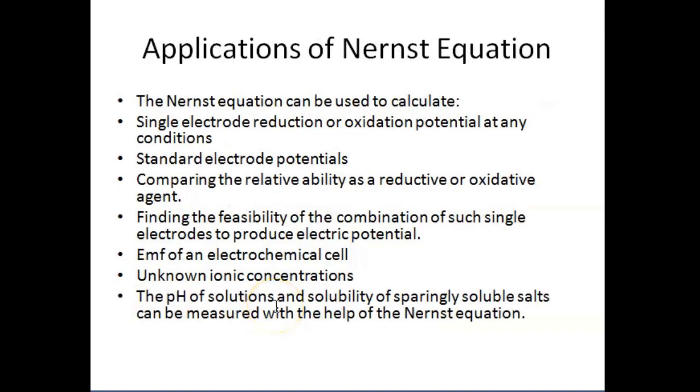So, where do we use Nernst's equation? It can be used to calculate single electrode reduction or oxidation potential under any condition, or the standard electrode potential. We also use it to compare the relative ability of a reducing or oxidizing agent, or to find the feasibility of combining such single electrodes to produce electric potential.